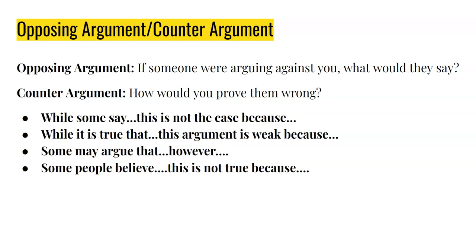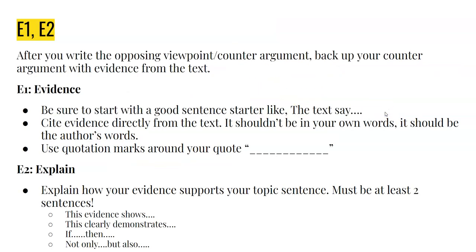Some may argue that blank, however blank, or some people believe blank, but this is not true because blank. And again, remember in the first blanks that I was inserting there, these ellipses that we've been talking about, instead of this dot, dot, dot, you would put in the opposing argument, and then at the end, you would include your counter argument.